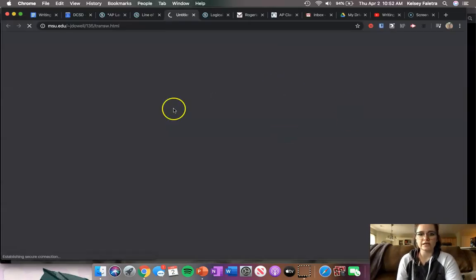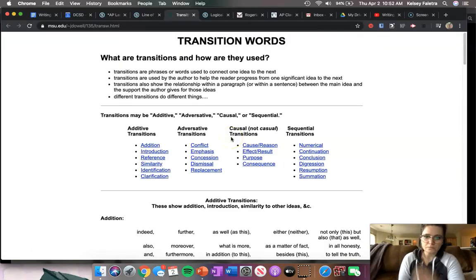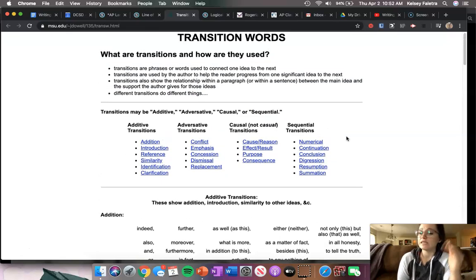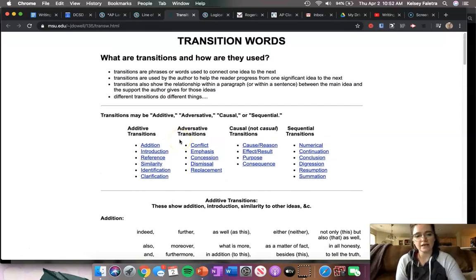If you look at the list linked to this PowerPoint, there are additive, adversative, causal, and sequential transitions. We need to consider: is my second main point an additive support, or is it an adversative support? Am I contradicting something that I said earlier? Is it causal, if this, then that, or is it simply sequential? First we do this, then we do that, right?